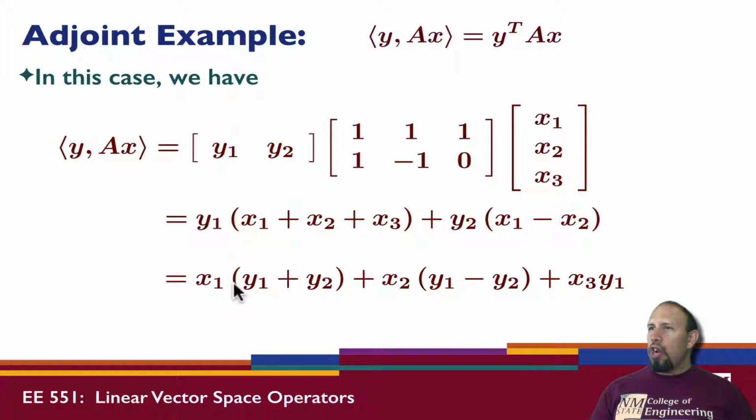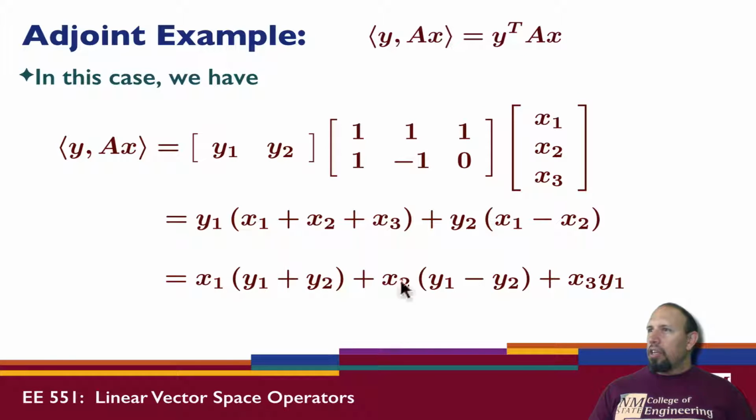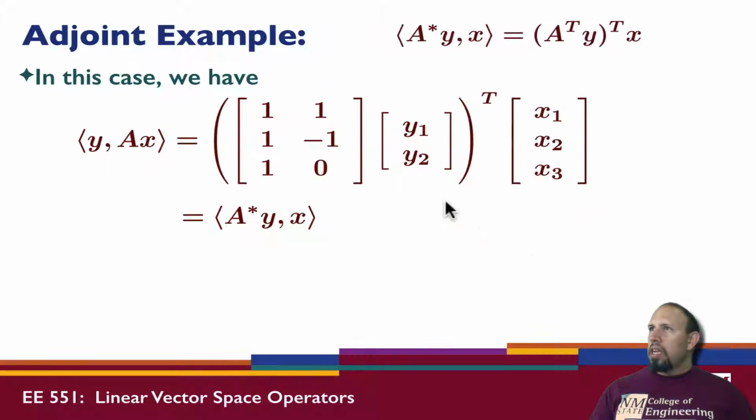And I can go through and show that this can be written as X transpose times a column, and I have these elements in there, times Y.